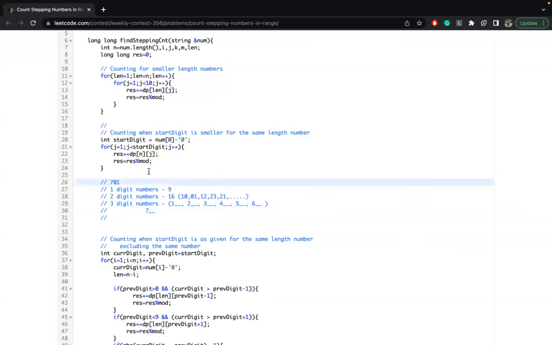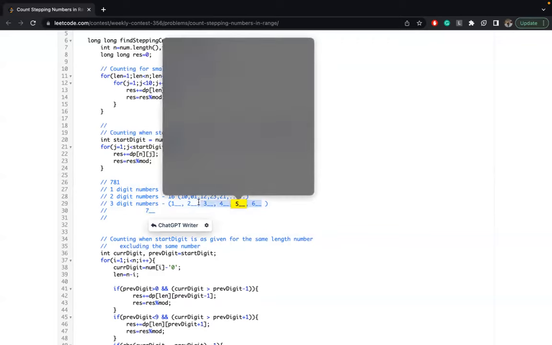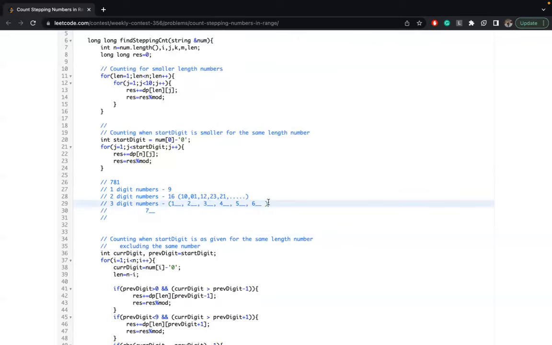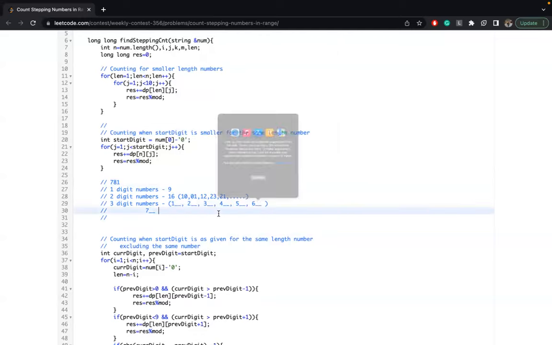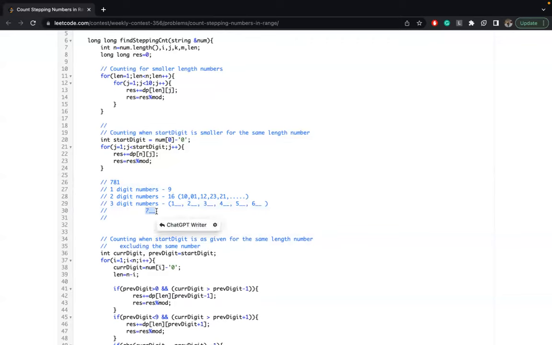So let's make it 781, right? 7 something something should also be found out. You are sure that you have 7, because till 6 you have already found out. So now the remaining count is all about this 7 something something, right?